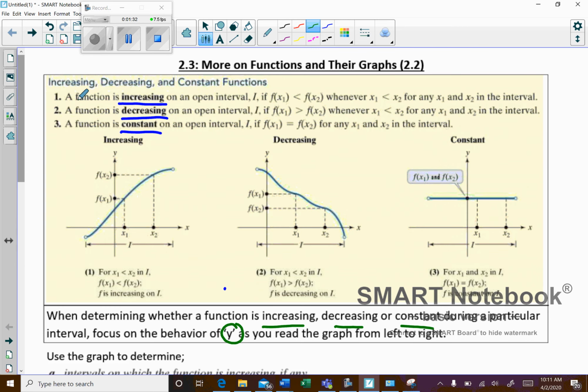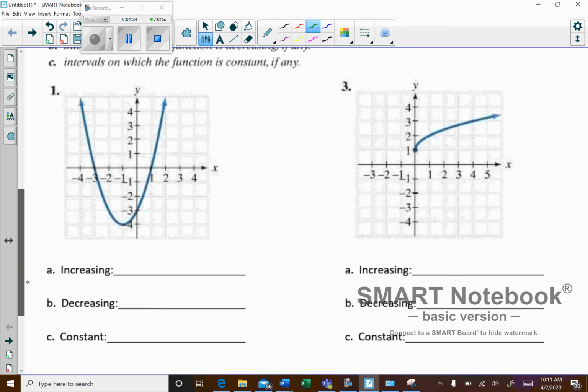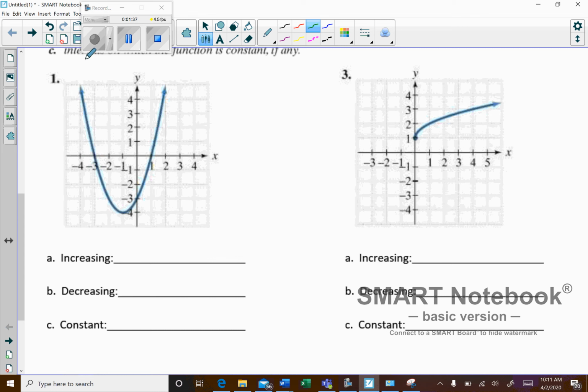As I'm coming from left to right here, you can see that the graph is going down. So the y values are decreasing from left to right here. That interval would be from negative infinity to -1. We're going to use a parenthesis right there because at -1, that's a neutral point: that's where it stops decreasing and then starts increasing.